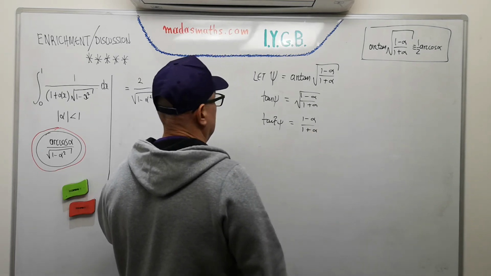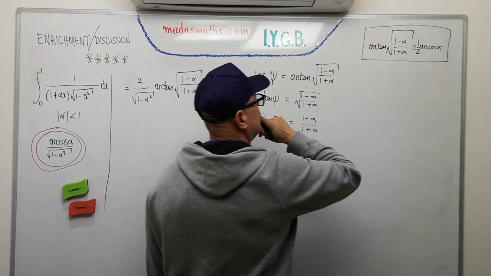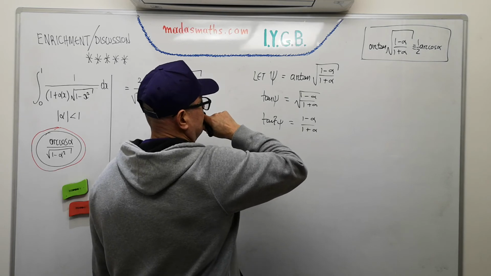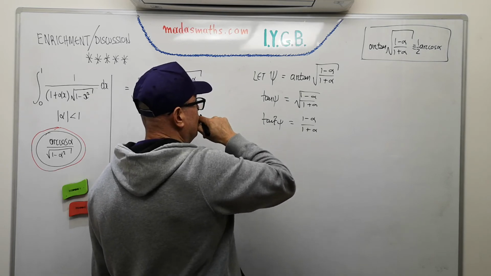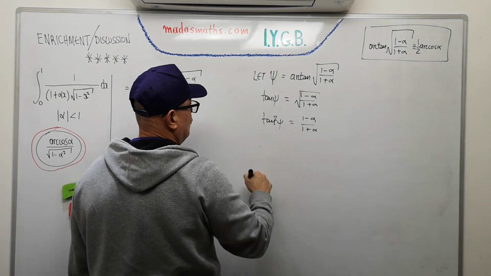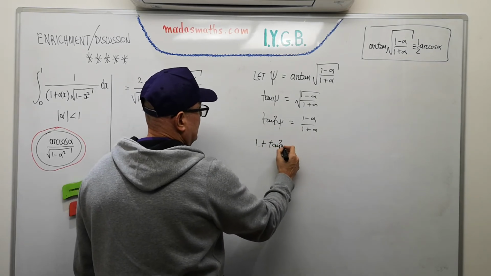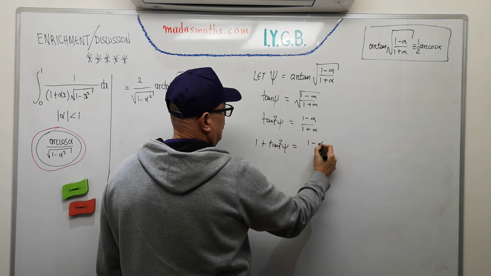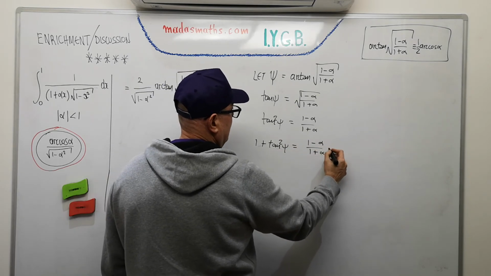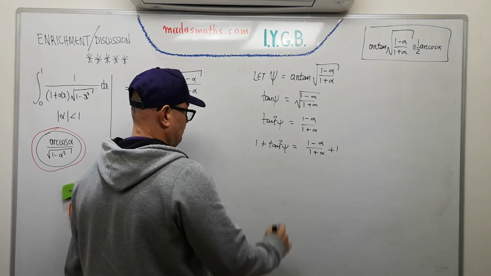Do I want to draw a right angle triangle for this? What am I trying to go to? I'm trying to go to an arccos of alpha. So I need cosines. I'm going to go from sec squared. So what I'm doing next is 1 plus tan squared of psi is 1 minus alpha over 1 plus alpha plus 1. I've just added 1 to both sides of this equation.